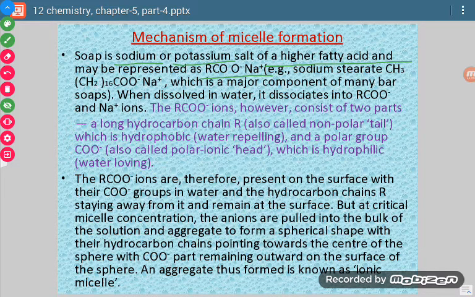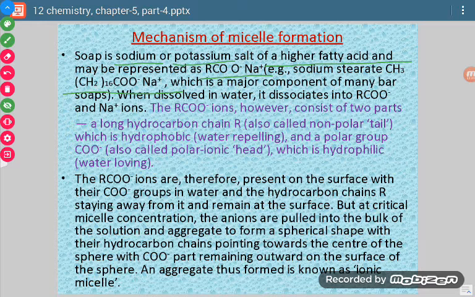Here R is an alkyl group. For example, if this alkyl group has 17 carbons, then its formula will be CH3(CH2)16COO-Na+. This is the formula of sodium stearate, which is one of the soaps.